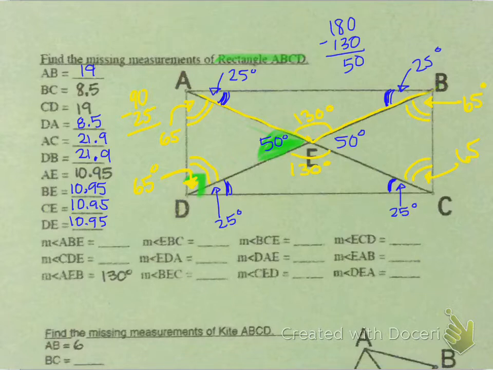Angle ABE, if I locate where that is, is 25 degrees. Angle EBC, that one was 65. Angle BCE, that one was 65. Remember, you're looking at the middle letter and the two other letters that help form it to identify where it is.